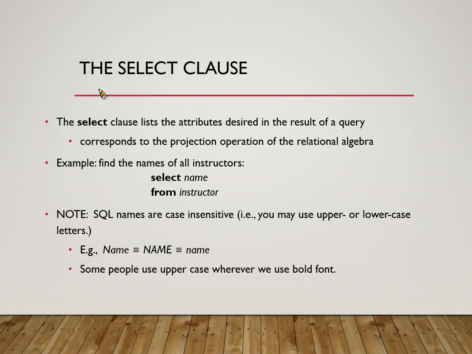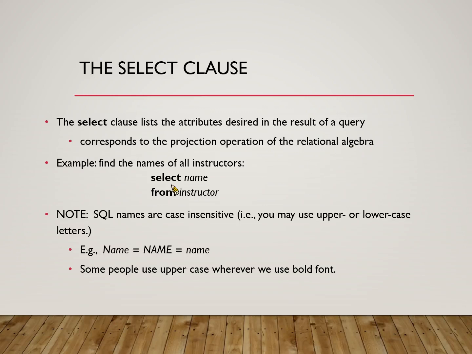And now let's examine the query forms in detail. First is the select clause. The select clause lists the attributes desired in the results of a query. It usually corresponds to the projection operation of relational algebra.